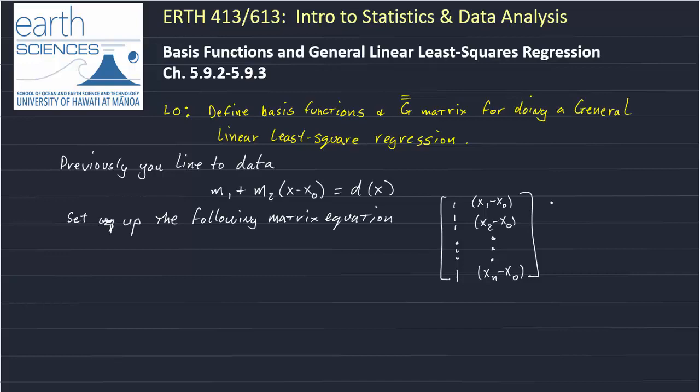You multiplied that by your model coefficient vector, m, and you took the deviation from your data measurements, d1, d2, all the way out to the nth value of d. x was the location of your measurement, d was your measurement, and this defined your error vector.